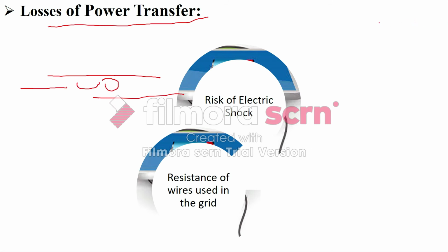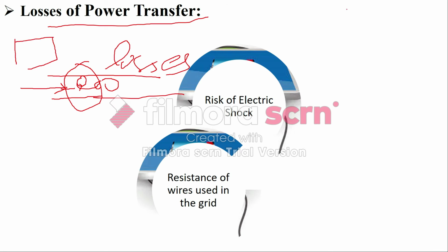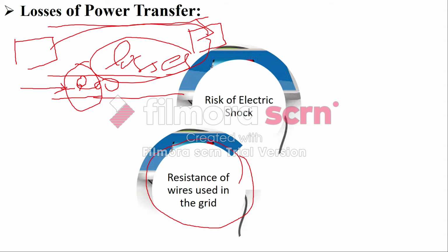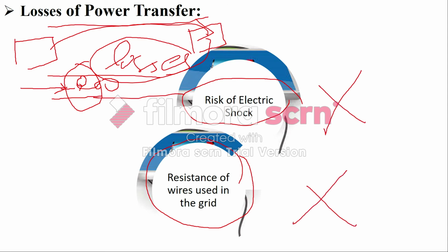When the current tries to flow through the wire, it collides with atoms, and here losses occur. So when you want to supply power from a source to the load, there are always losses, and in this way it is not effective. The resistance of the wires in the grid is the main loss of power transfer using wire, and there is also a risk of electric shock. We can get rid of both these problems with the help of wireless power transfer.